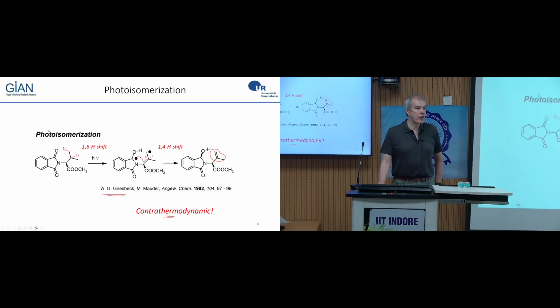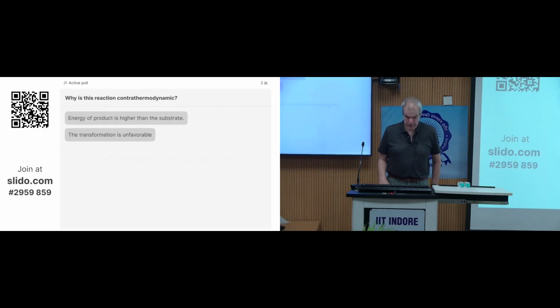If you ask about thermodynamic, favorable or unfavorable, typically what I always like to do is I simply analyze the bonds which change. So I have a carbon with a CO double bond here, and now in the end, in the product, I have a CC double bond here, and so I know the CO double bond is at least 20 kcal per mole more stable, and so that type of analysis.